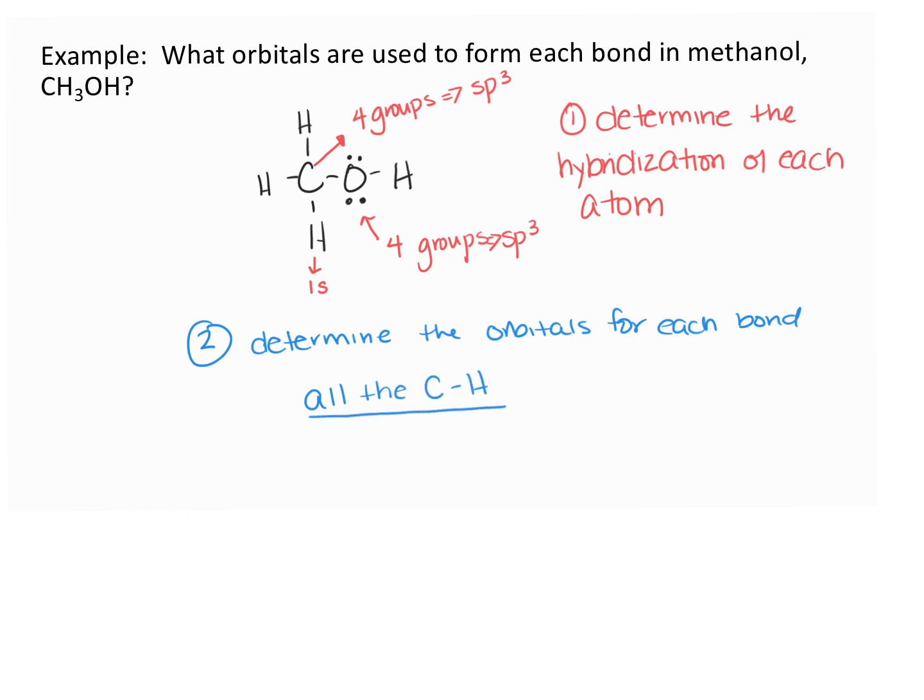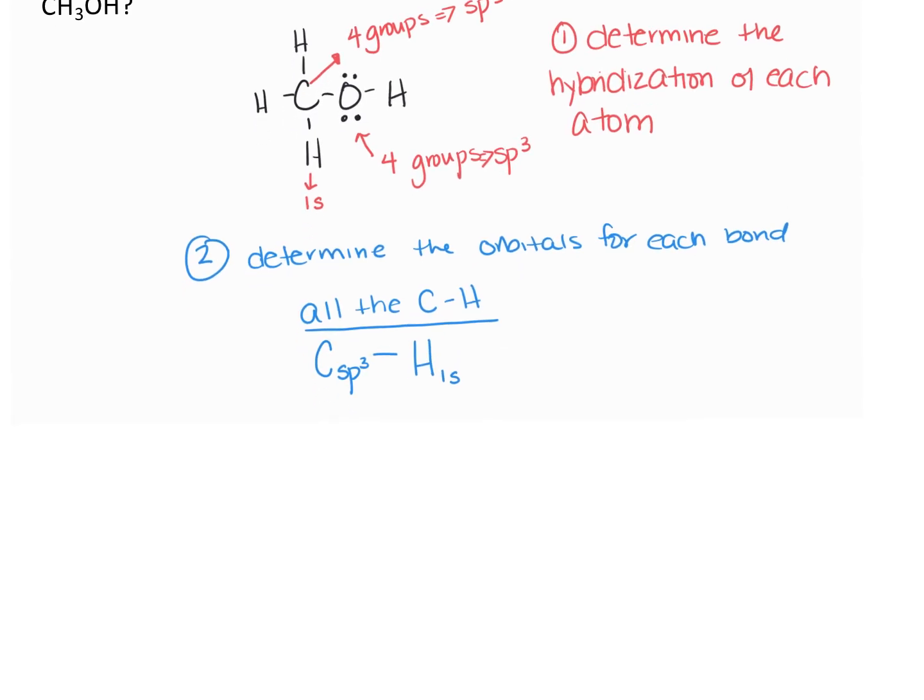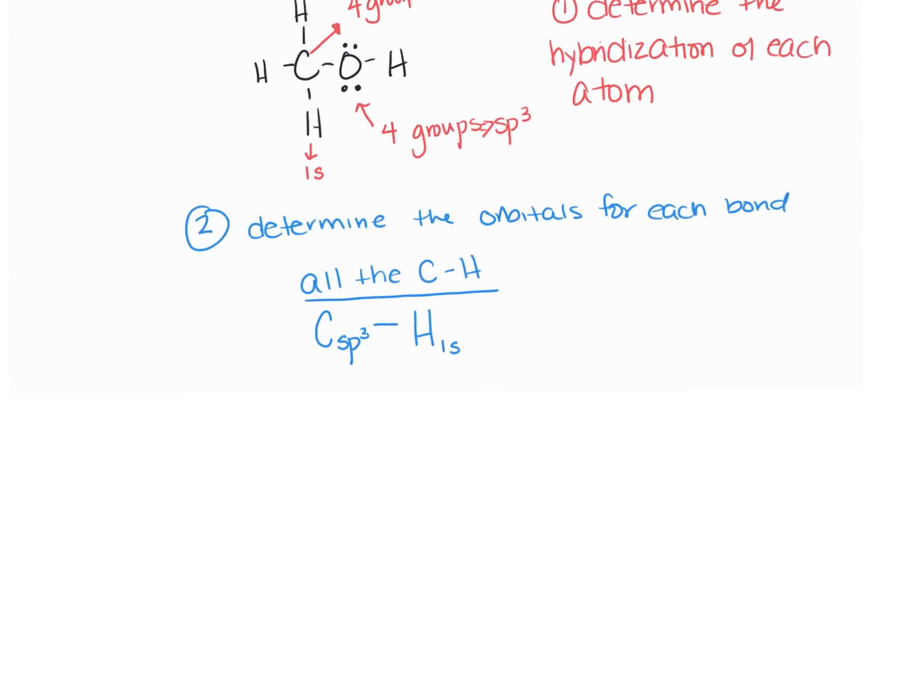And so here's how you do it. You come over here and say, we have a carbon and it is sp3 hybridized, and that's what you write down first. Carbon sp3. You draw a dash, and then you look at the hydrogen, and you say, I know hydrogen's 1s. Hydrogen, 1s. That's all the carbon-hydrogen bonds.